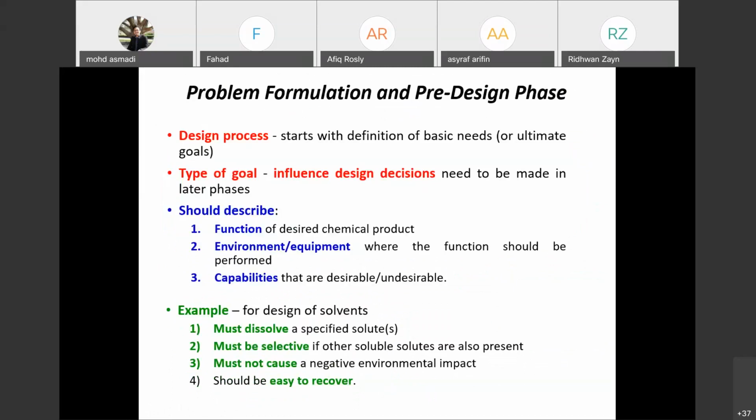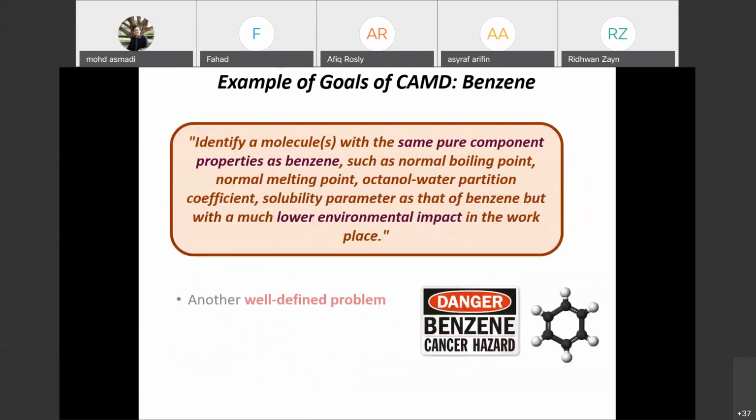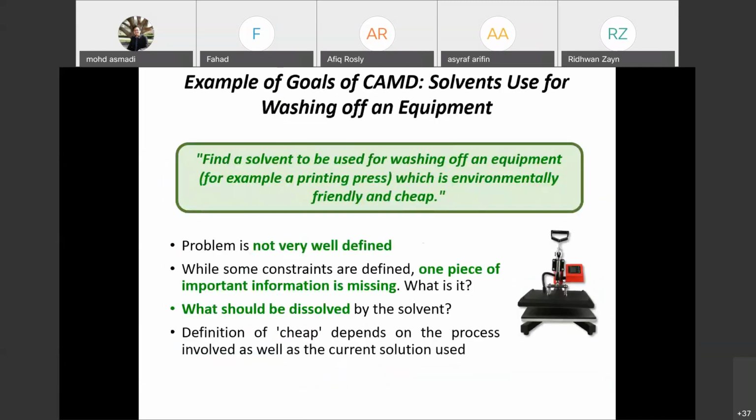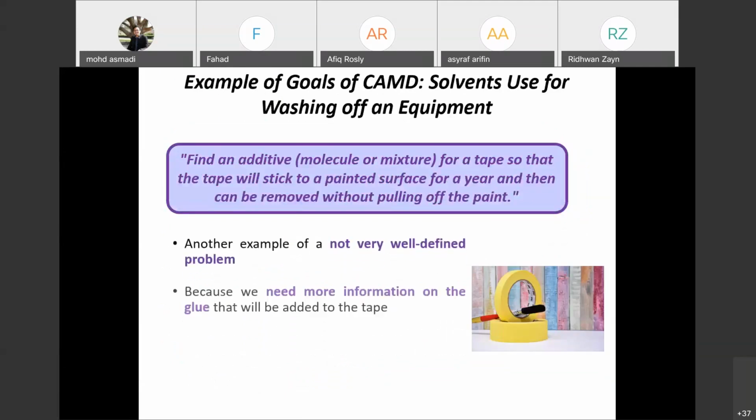Not cause negative impact, that one is quantitative. But the qualitative is something like the goals. You want to find a solvent that could replace the benzene. That is the qualitative, needs and function. Okay, is it clear? Clear or not? Okay, can understand?